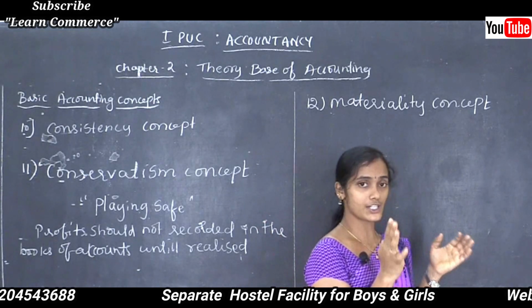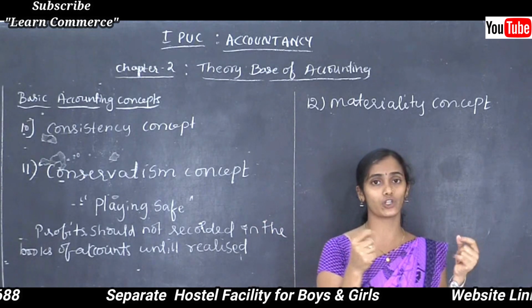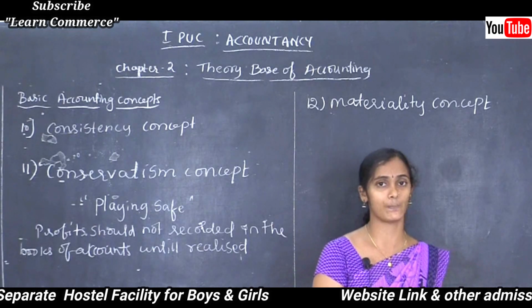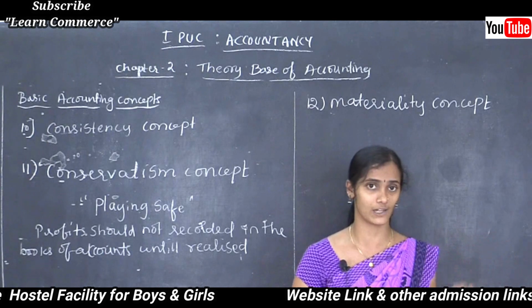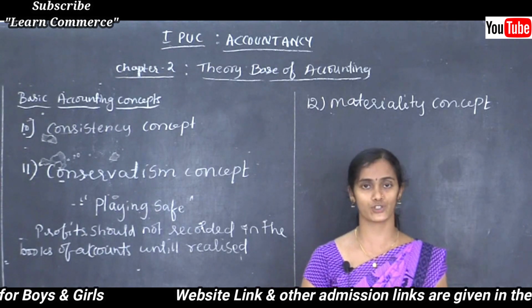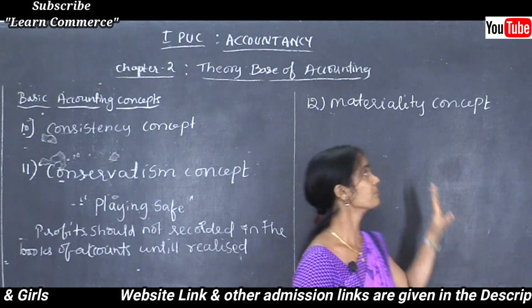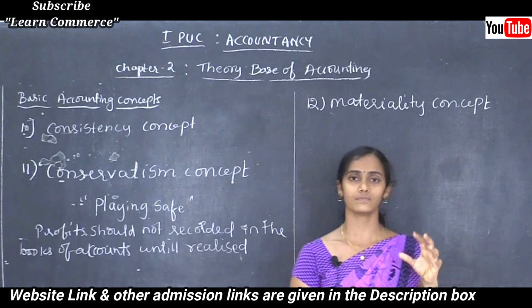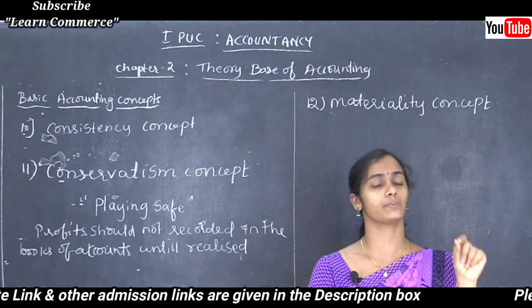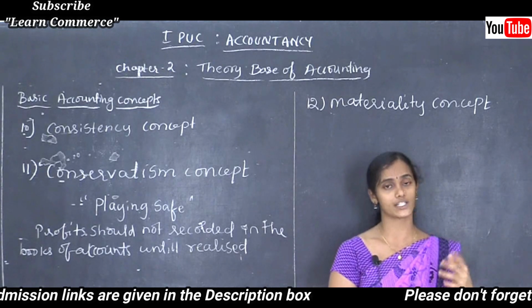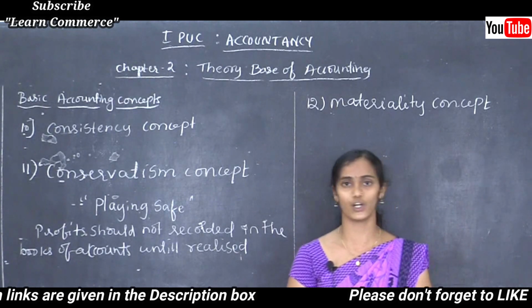Instead of that, we should not record transactions like this. As I already mentioned, 12 pens, 12 pencils, like that. These are all immaterial factors, and these transactions involve very small amounts. So according to the materiality concept, only relevant, material information should be presented in the financial statements, in the profit and loss account.